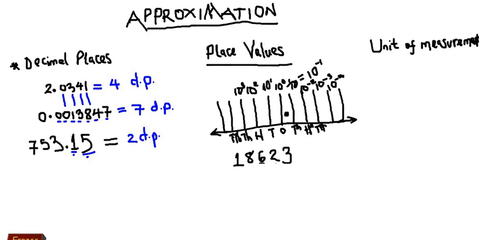So what we mean by unit of measurement is the unit that is set in a particular value of a number. So for example, we have measured a particular length, for example distance.